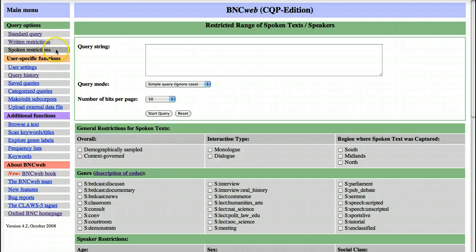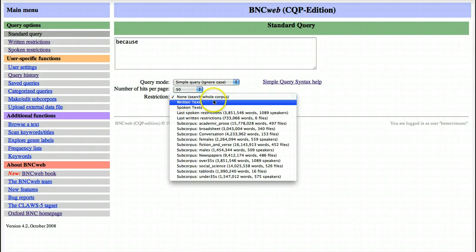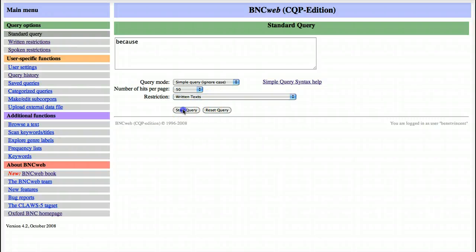Of course, one other way of looking at the metadata in the BNC is when one does an actual search. If I do a search for a very common word, to save time I'll restrict it to written text for now.